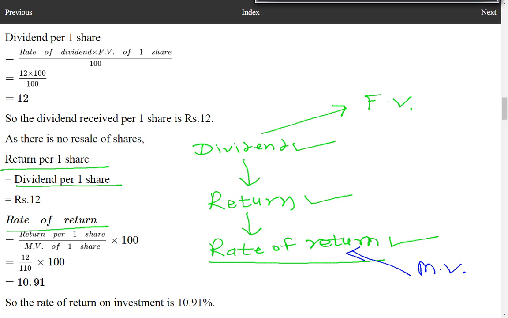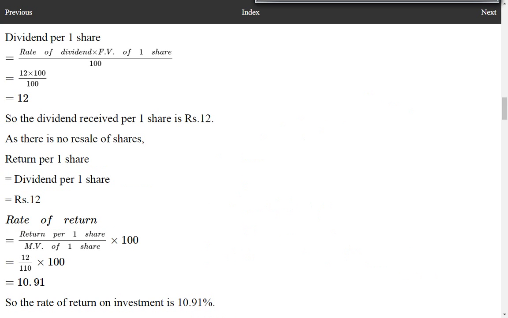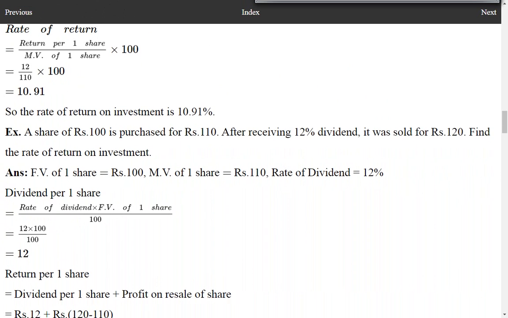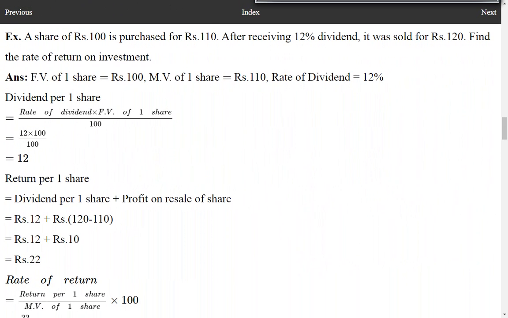Okay, let us see the next example. In the next example, a share of rupees 100 is purchased for rupees 110. After receiving 12% dividend, it was sold for rupees 120.